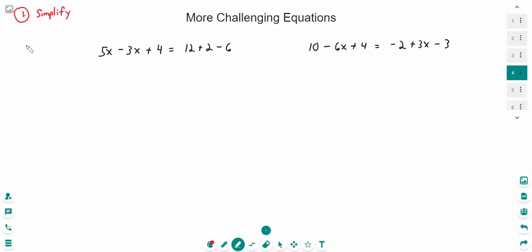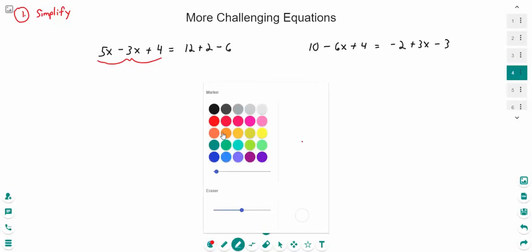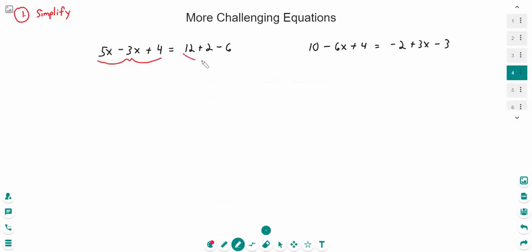Okay, and what I mean by that is simply going to the equation, looking at just the left side, and just simplifying it, adding like terms, doing anything that you can do to this side, all right? And then once you're done with that, go to the other side and do the same thing here. Simplify this side, all right?